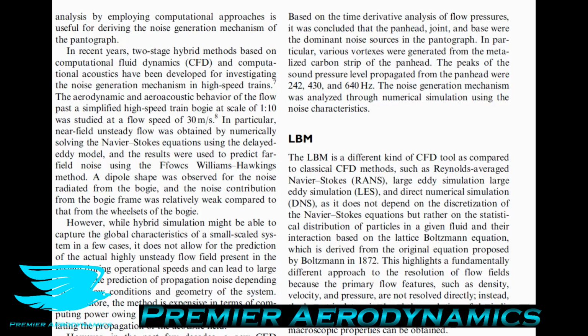They say, however, while hybrid simulations might be able to capture the global characteristics of a small-scaled system in a few cases, it does not allow for the prediction of the actual highly unsteady flow field present in the system during operational speeds, and can lead to large errors in the prediction of propagation noise depending on the flow conditions and geometry of the system.